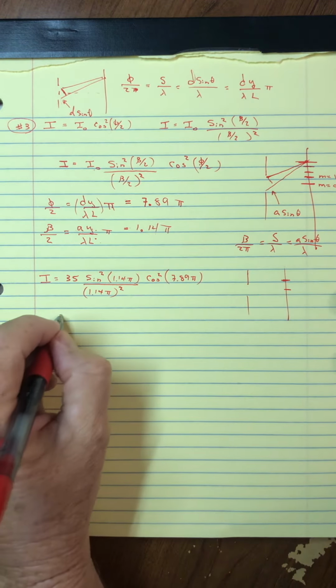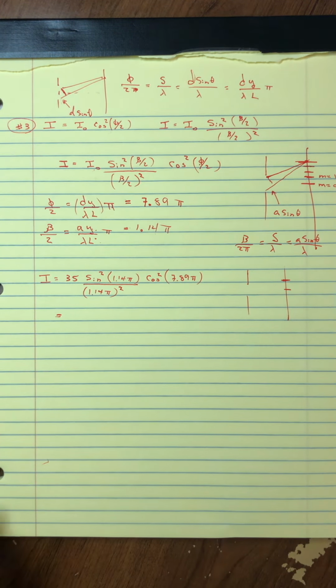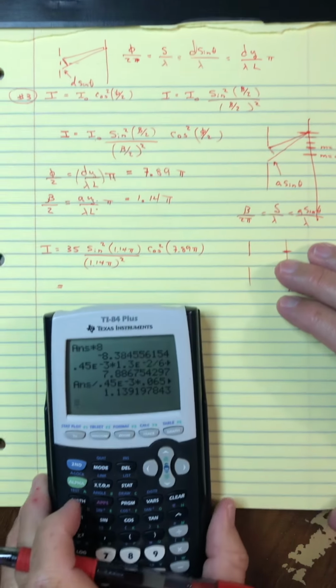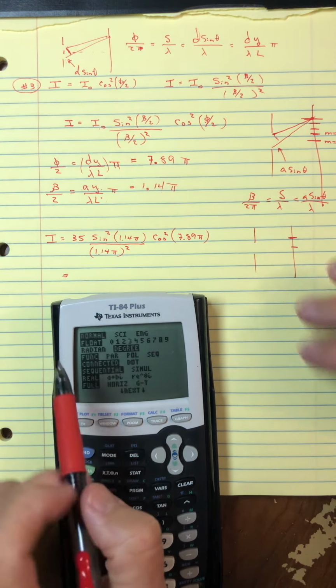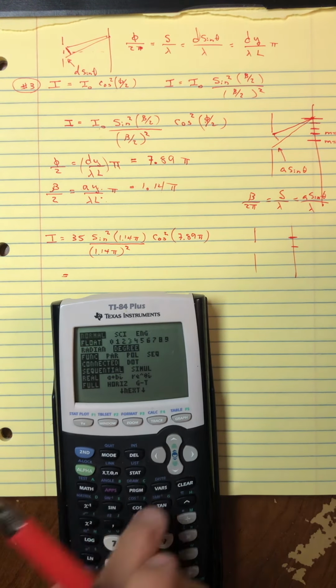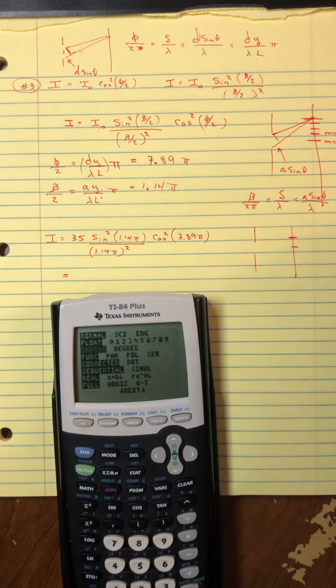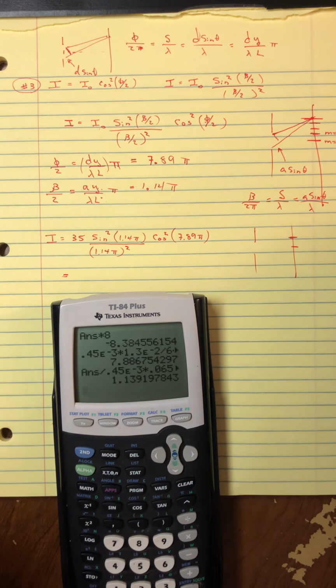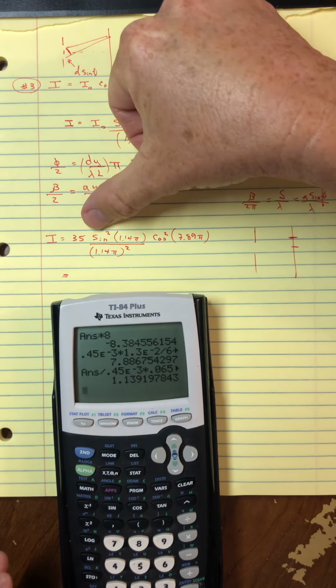All right, so this should give me my intensity here. Now, I believe when we did that first problem, I moved it to degrees. Let me switch it back to radians, so that I would get something.